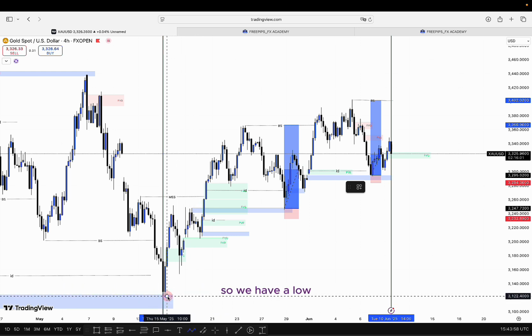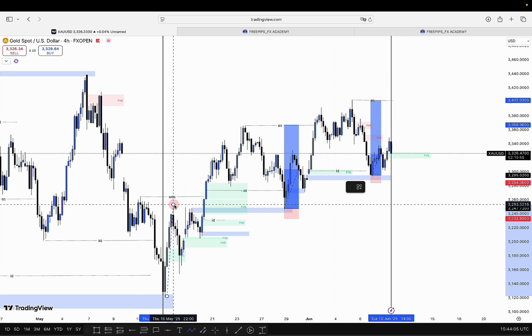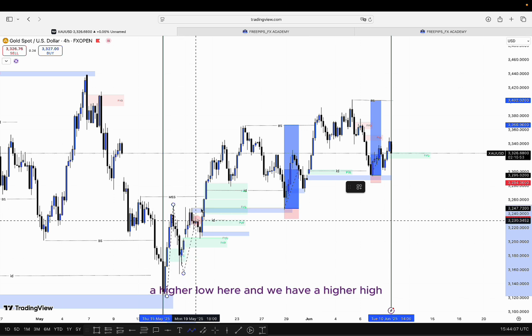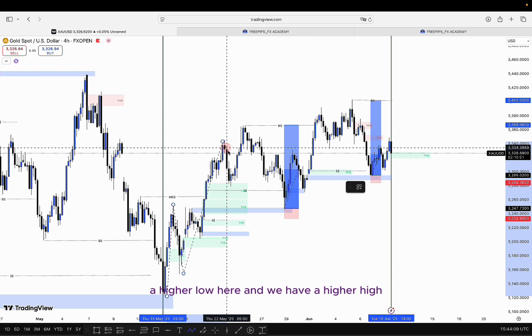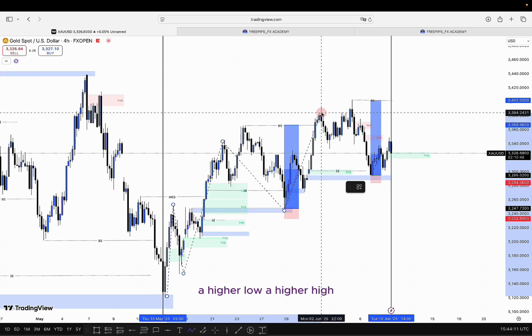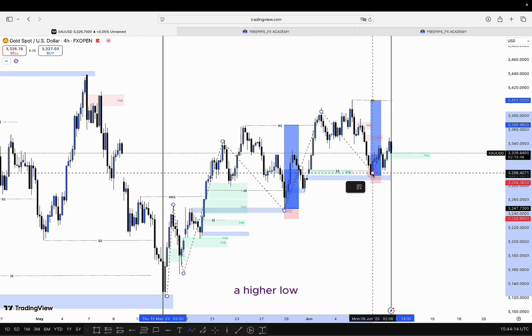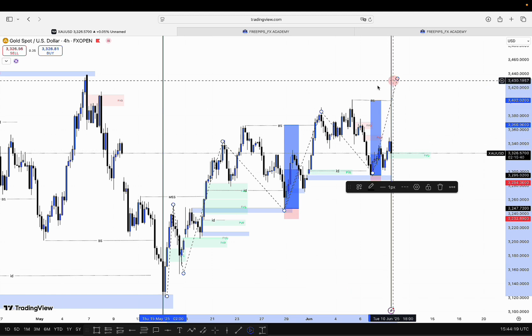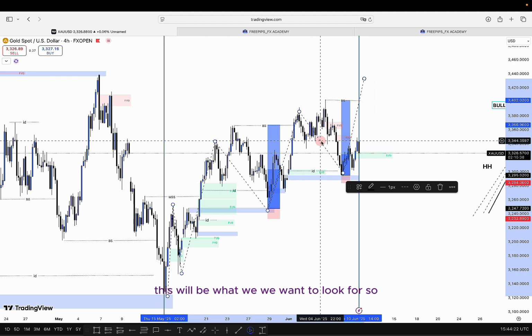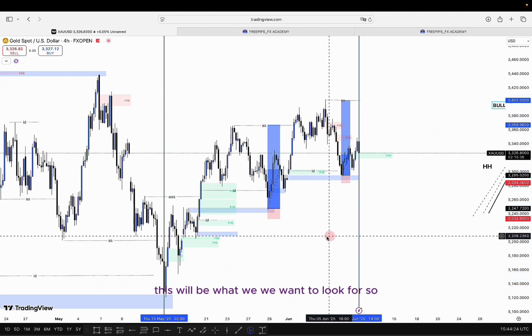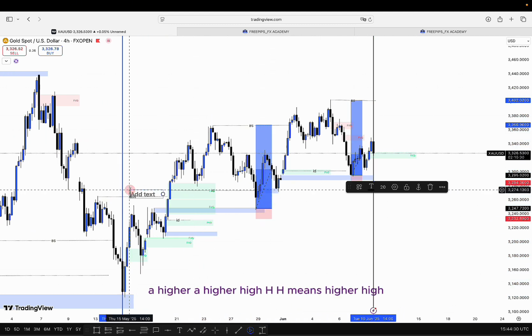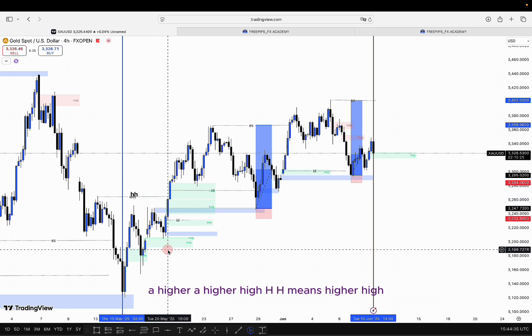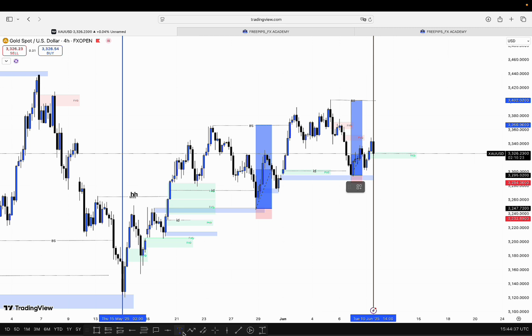So we have a low, a higher high, a higher low here, and we have a higher high, a higher low, a higher high, a higher low. What should we expect next? We should expect a higher high. This will be what we want to look for. So here is a high, a higher high. HH means higher high.